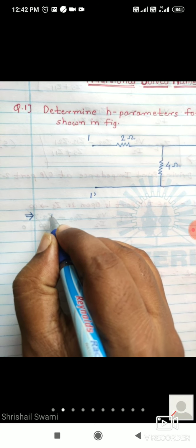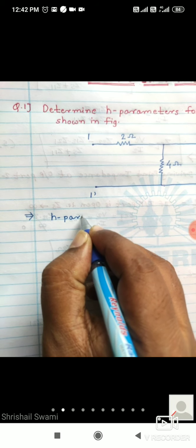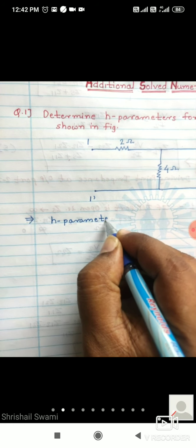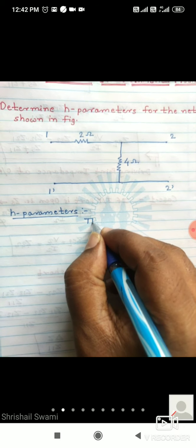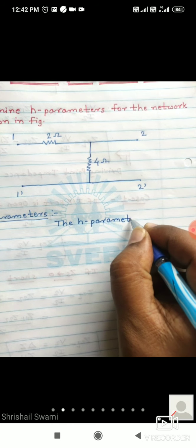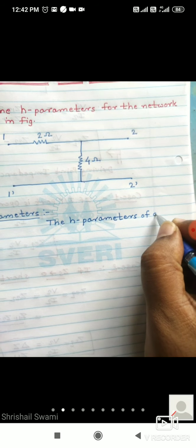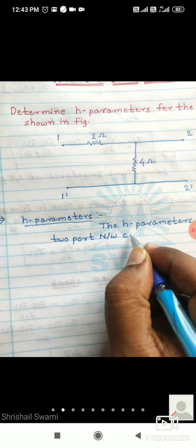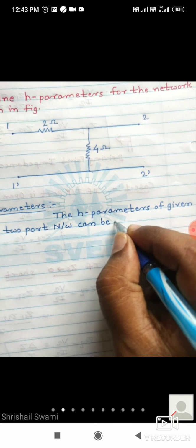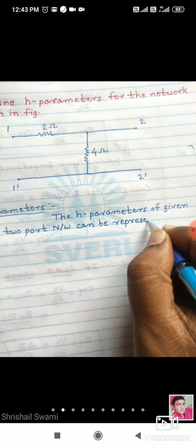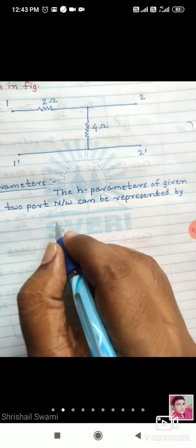Okay. The h parameters of given two-port network can be represented by, so write down the equation. मग h parameters equation कसं असतं?